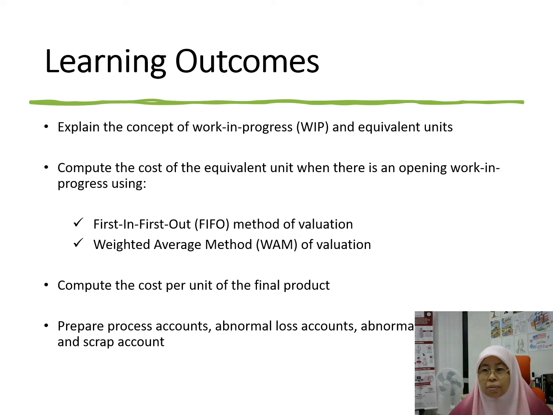We use the valuation methods first in, first out, FIFO, and the weighted average cost method. Finally, we'll calculate the cost per unit of the finished goods, and prepare the process account and the respective loss accounts: the abnormal loss account, normal loss account, and abnormal gain account.